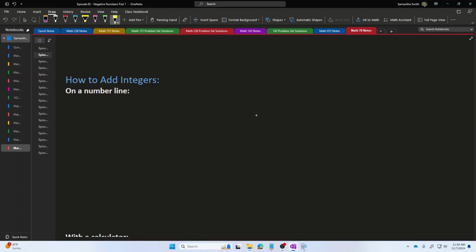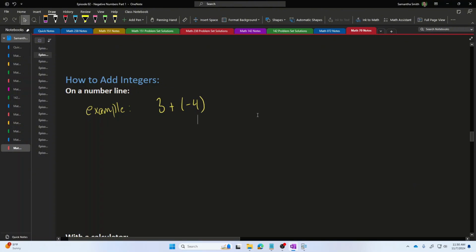And if you're using a number line to add integers together, I can demonstrate to you the process with, for example, 3 plus -4.